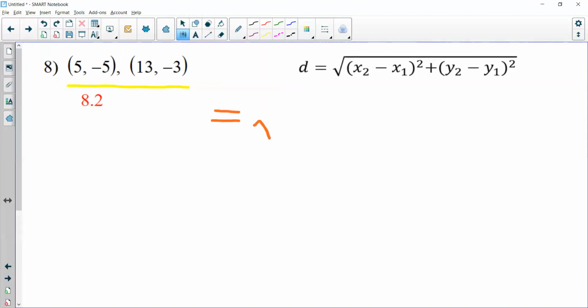So distance equals, and again, we'll put a large radical or square root symbol. And we're going to do, let's do 13 minus 5.